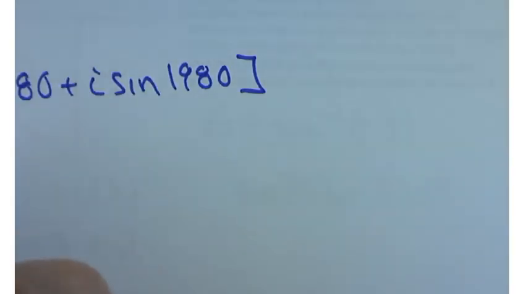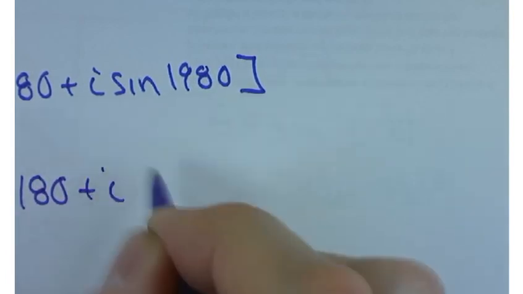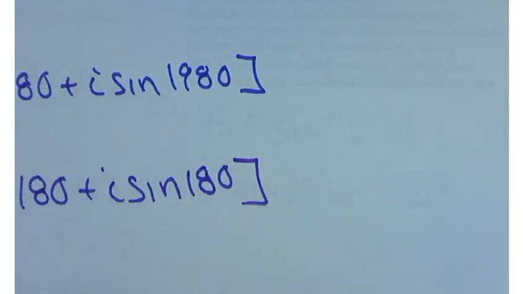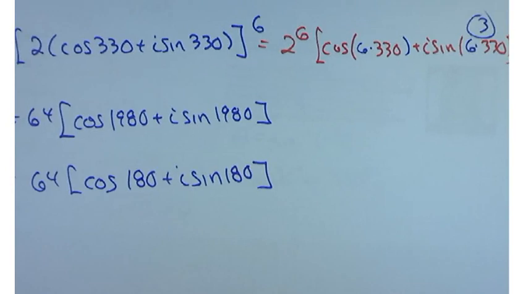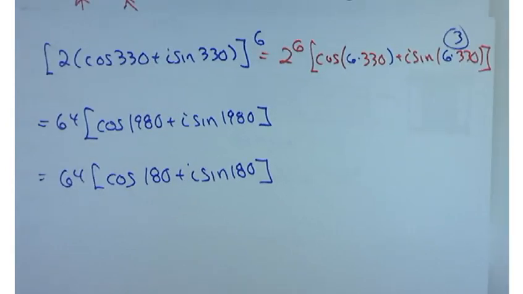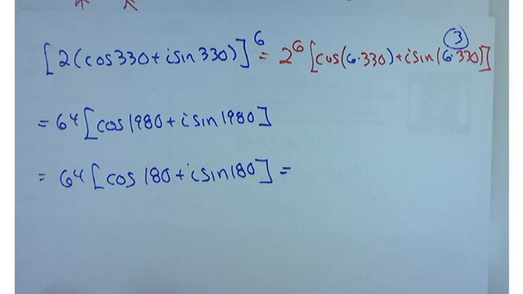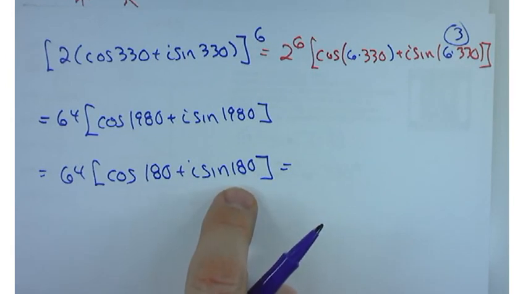So let me rewrite it like this. 64 times cosine of 180 plus i times the sine of 180. And that's looking better. These look like pretty friendly angles.